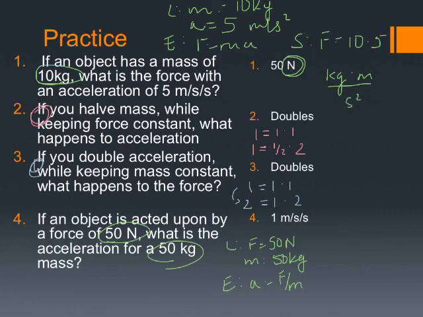And then A equals 50 divided by 50. All right, so that's going to give us 1 meter per second per second. Another way to kind of know that is on top we have our force units, which are kilograms times meters per second squared. And then we are dividing by kilograms. You notice the kilograms cancel out, leaving you with meters per second squared. That's how you get those units out of there. All right. When you write newtons, it's a little bit harder to see that, so keep in mind newtons are also kilograms times meters per second squared. Okay?